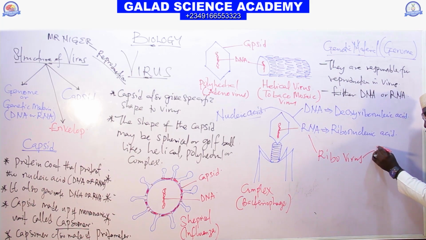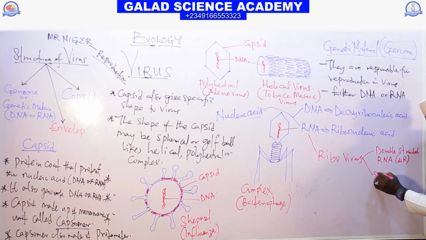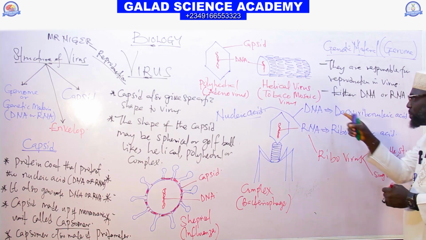We have double-stranded RNA viruses, called DS viruses, and we also have single-stranded RNA viruses.